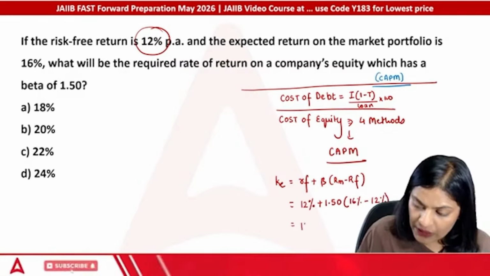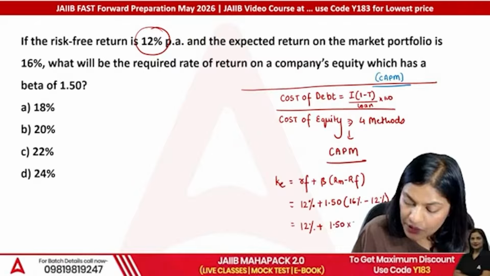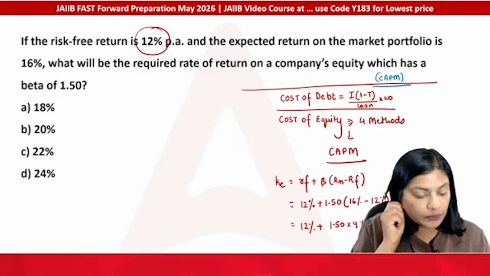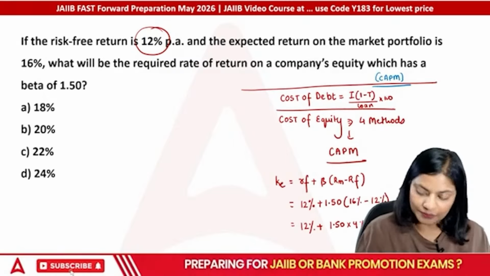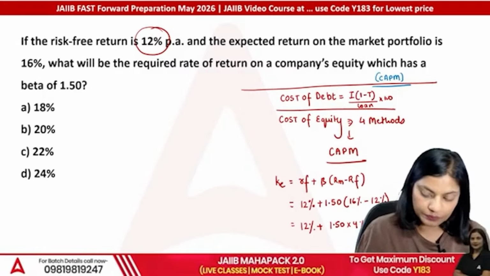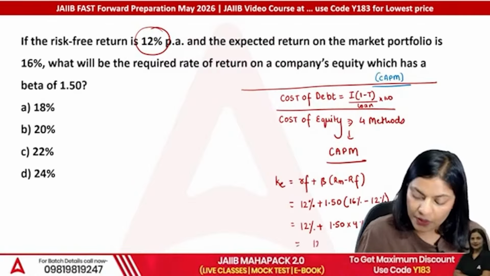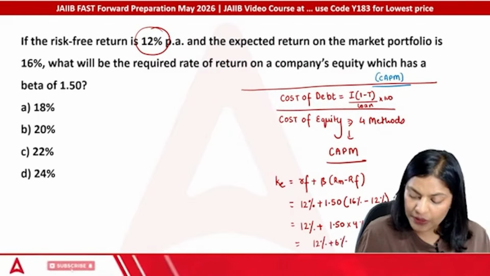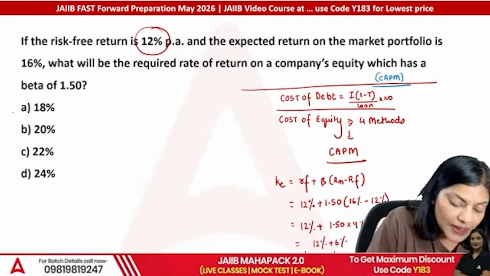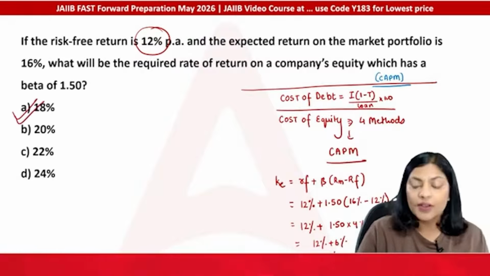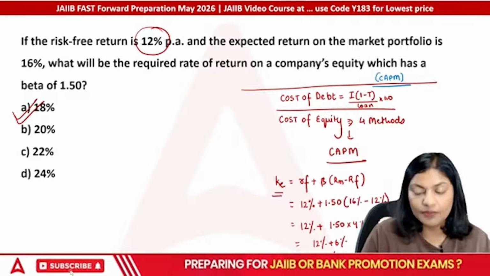So this gives us 12% plus 1.50 into 4, which is 18%. 12% plus 6% is 18%. So if I am raising equity, my cost of equity is 18%, represented by KE.